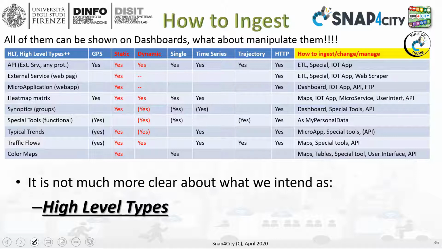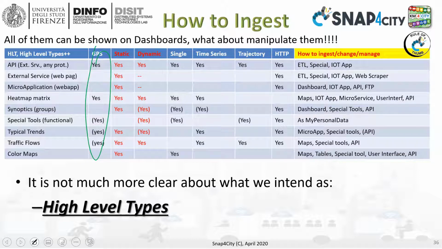All of them are specific high-level types. They are a larger set with respect to what is addressed by each single tool. So there is no tool that may address all of them. Almost all of them, in any way, are addressed by the data inspector and also by the dashboard wizard. So in this case, you see that they could have some GPS information associated with them.